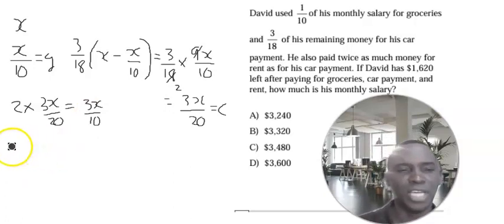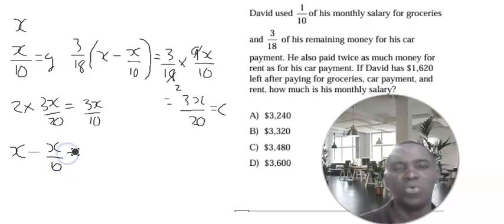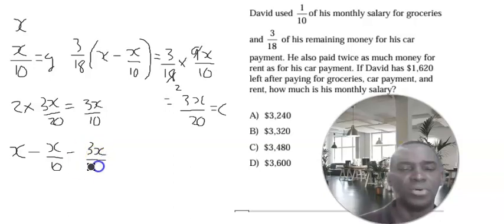So now, since x is the salary, we are going to subtract all these other expenses. The first one on grocery is minus x over 10. Then the expense for car is minus 3x over 20.